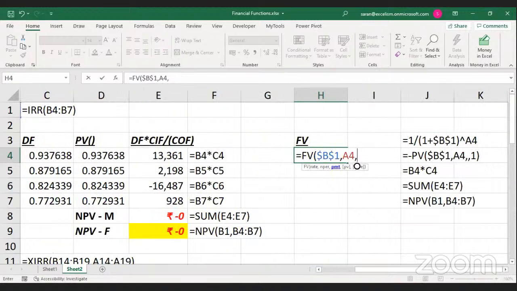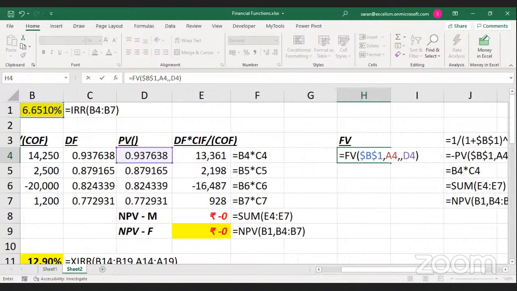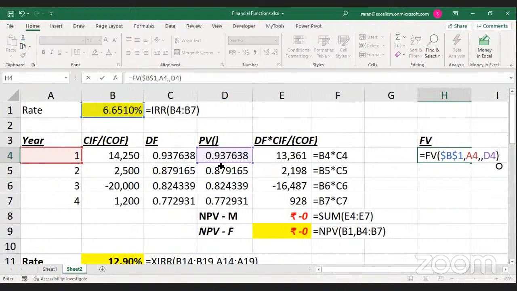Is there any PMT? No, you can make it either 0 or ignore the argument, because in this case there's no equated installment. Is there a present value? Yes, this is the present value. So what I want to tell Excel is: could you please use the discount rate, interest rate of 6.65% for this value? Could you please tell me after 1 year how much it becomes?